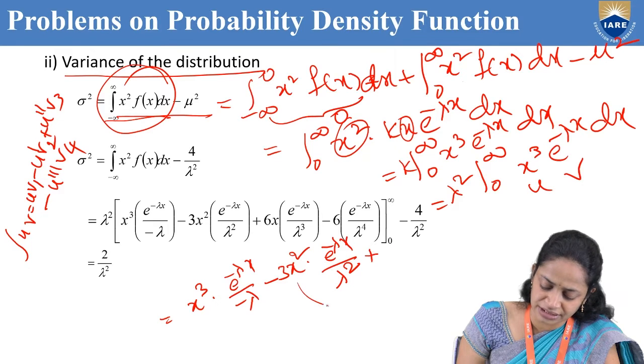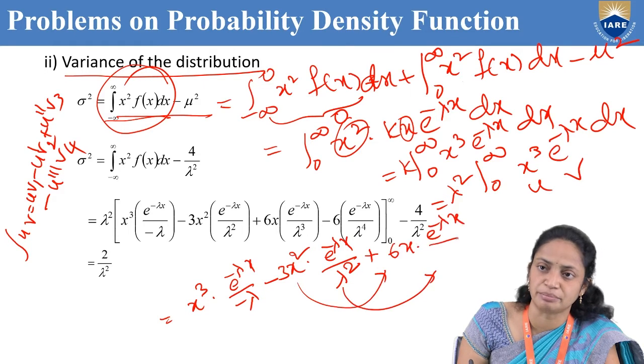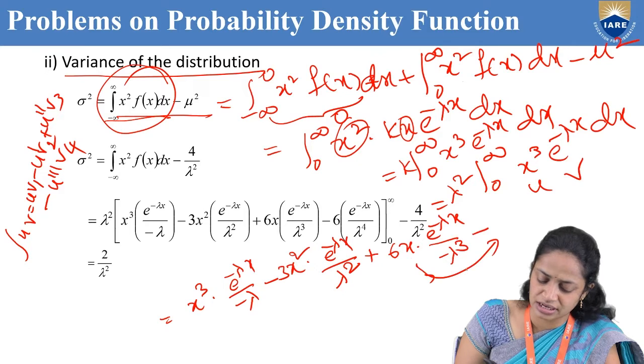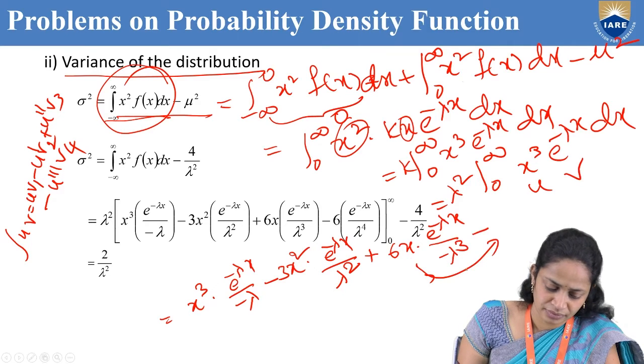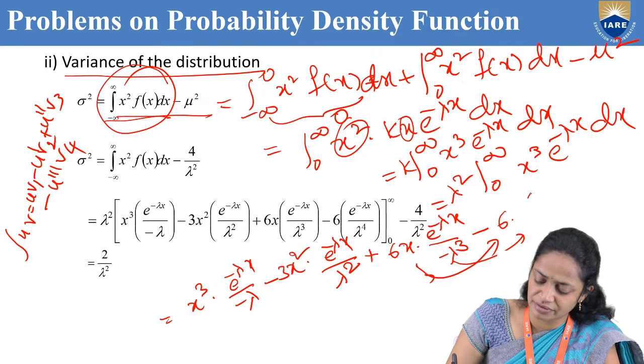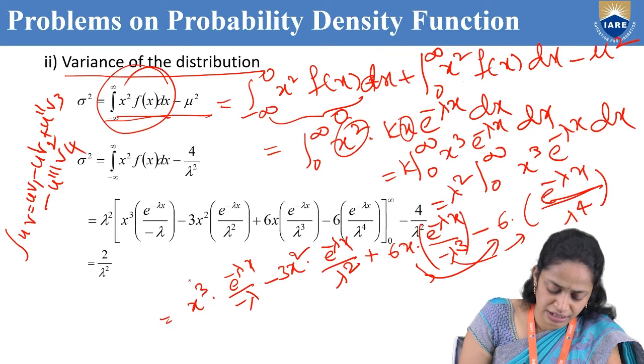If I differentiate this one, we will get 6x. If I integrate this one, we will get e power minus lambda x divided by minus lambda cube, minus the next differentiation, u triple dash, which is 6 into x differentiation, that is 1. And the next integration is e power minus lambda x divided by lambda power 4. So this is the integration.